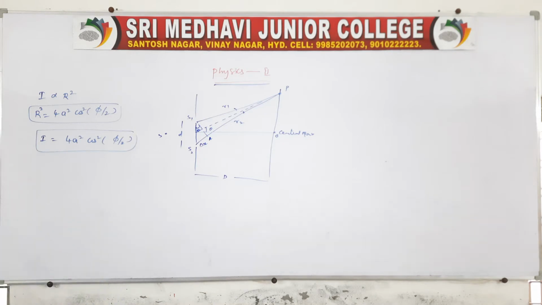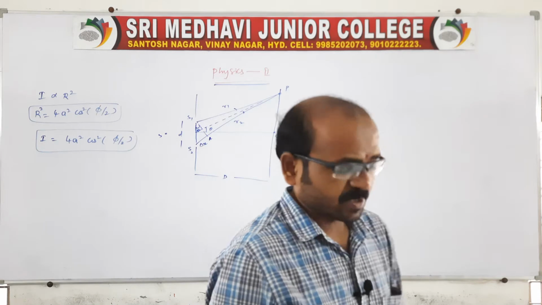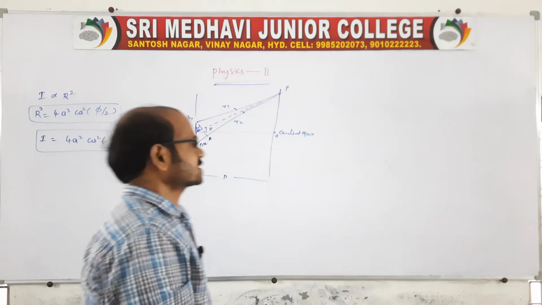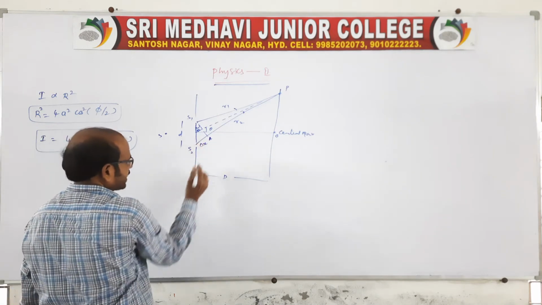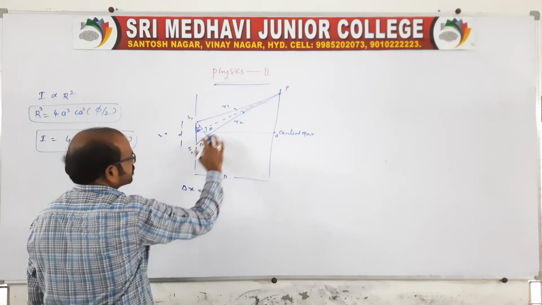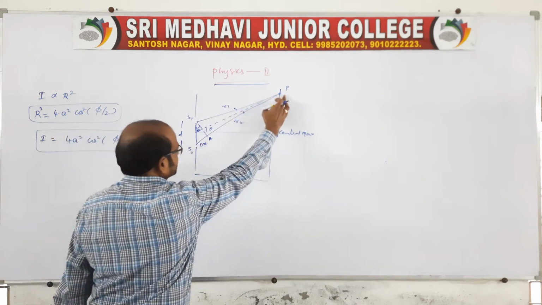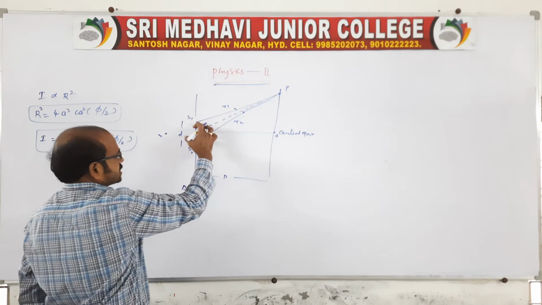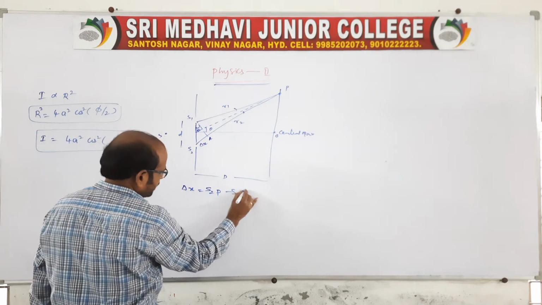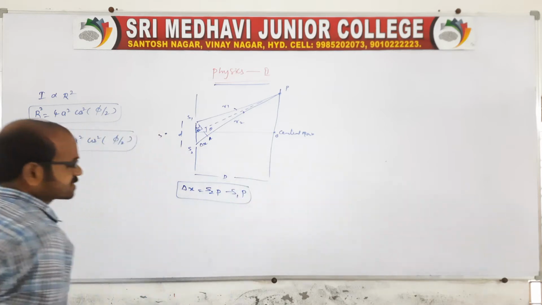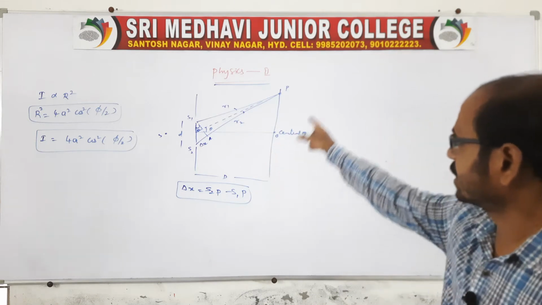Now by using this diagram, we have to derive an expression for the path difference. Delta x is equal to the difference in the paths. S2P is greater than S1P, because this path is less than this path. So delta x is S2P minus S1P. This is the path difference of the two waves arriving at point P.